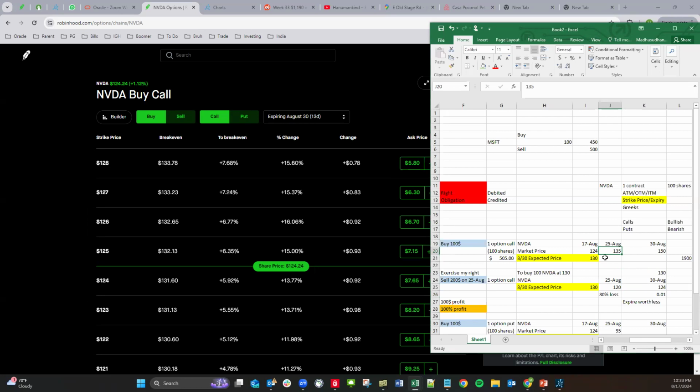The reason being, that's where the Greeks will explain that. I'll come to that. This is going to define how it is going to change. Let's suppose we buy the option of 130, right? And when you bought, the market price was 124.